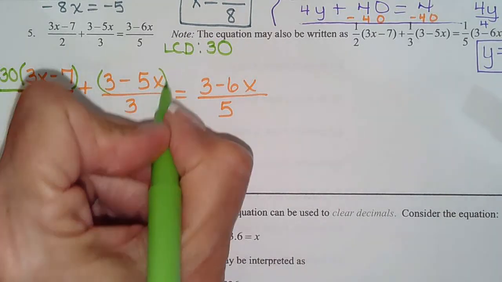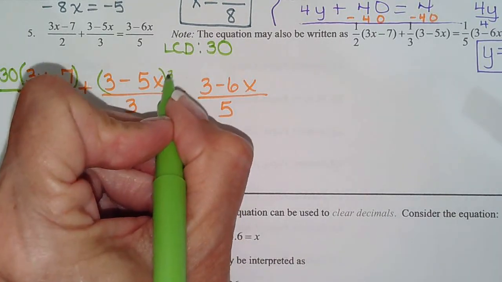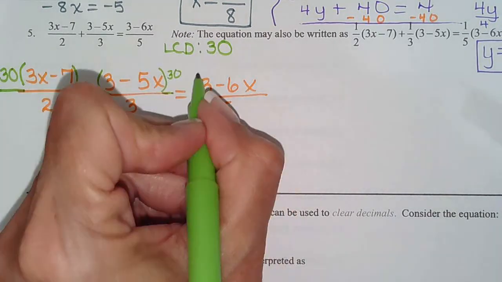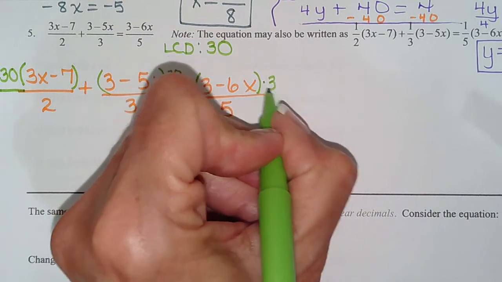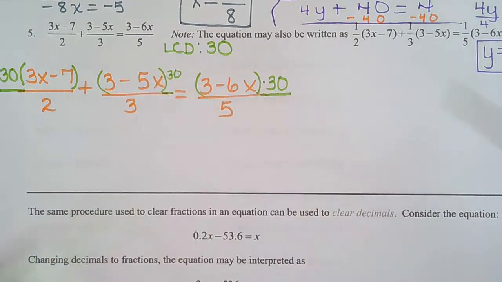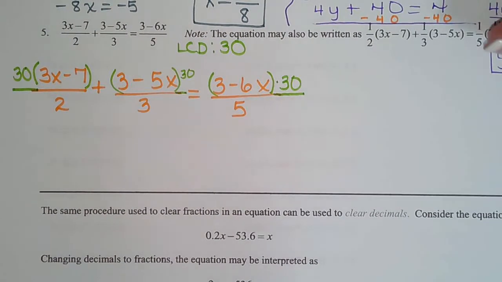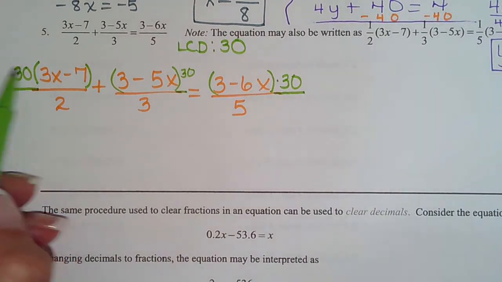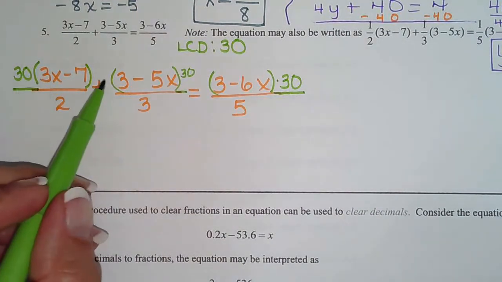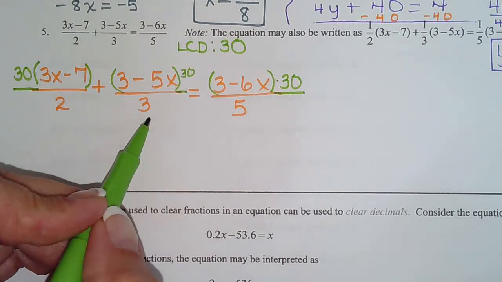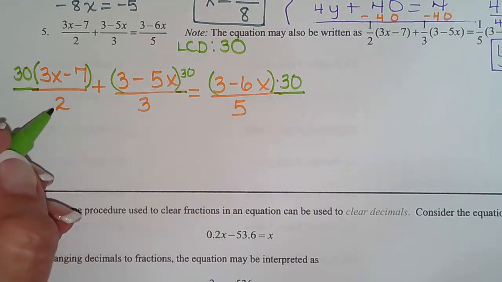Put parentheses here, 30, and put parentheses here and 30, and then we can make that longer. So in this type, when there's two terms in the numerator, it's actually easier to divide first, because otherwise you have to distribute and then divide everything by 2. Distribute, then divide everything by 3. Here you just do it in one step.